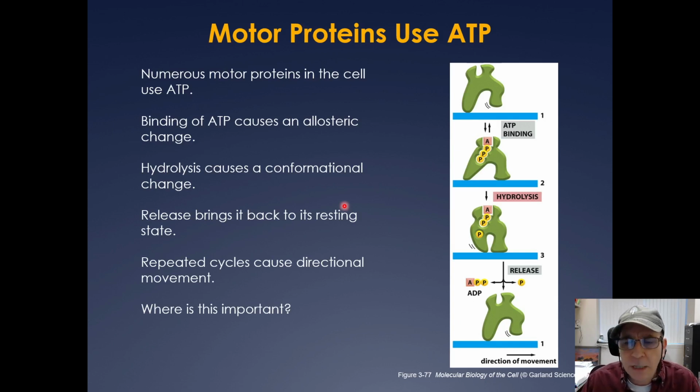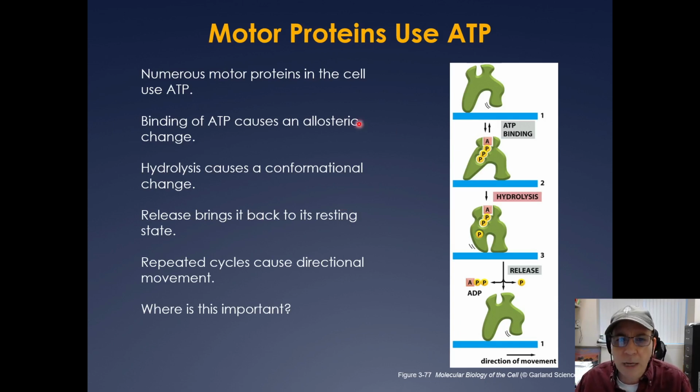Now these conformational changes with GTP, you can find similar things that happen with ATP, and these actually occur within motor proteins, specifically the myosin motor proteins, right? And there's numerous different myosin proteins in a cell, and they all use ATP.